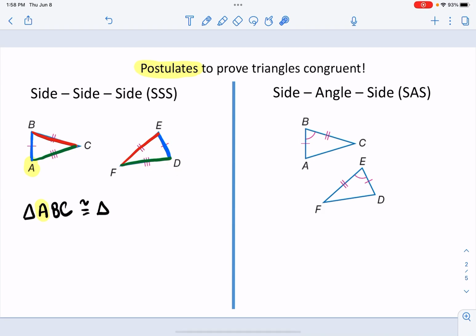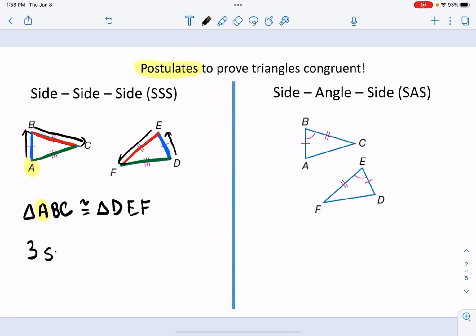That's angle D. So I went A to B, D, now I have to go to angle E. And then B to C, E to F.